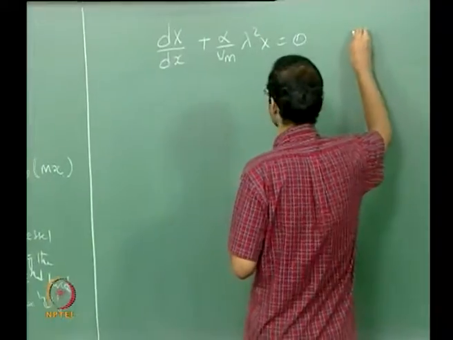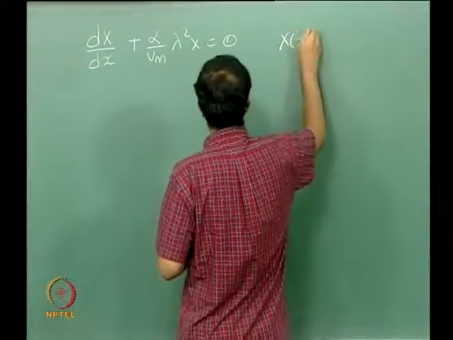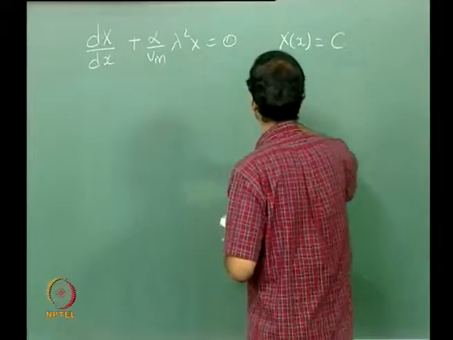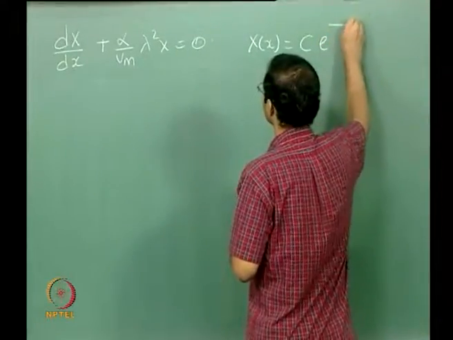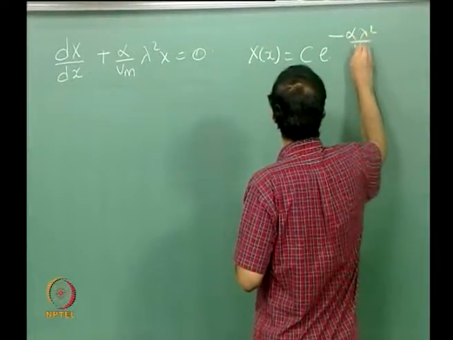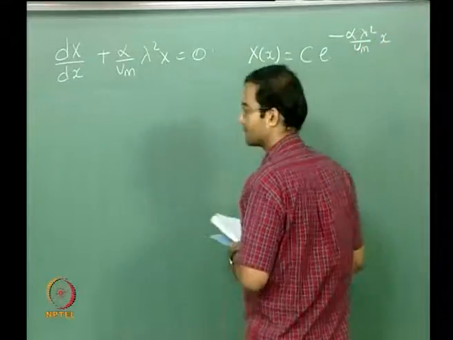Okay. And we have also seen that the solution can be written as some constant times e power minus alpha lambda square by um into x, right.